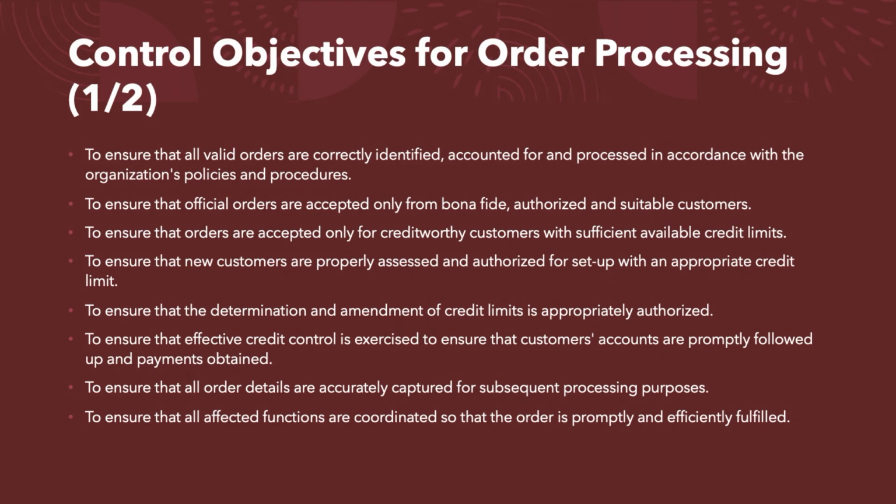Then, we should also ensure that all affected functions are coordinated so that the order is promptly and efficiently fulfilled. So, tulad sa flowchart na nakita natin kanina, dapat lahat ng functions are coordinated very well. Meaning, dapat yung mga documents, once they process it, tapos na sa kanila yung pagproseso, eventually dapat i-forward nila yon sa mga departments na kailangan yung document to start their process in accordance to that order.